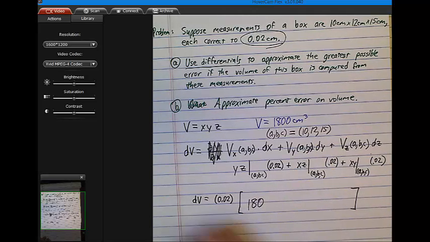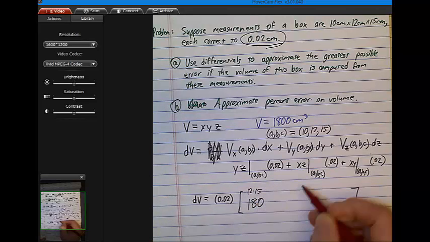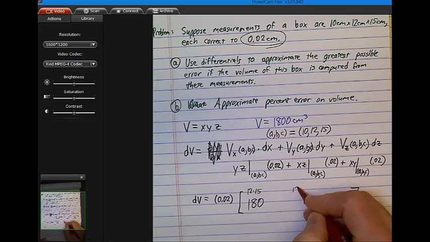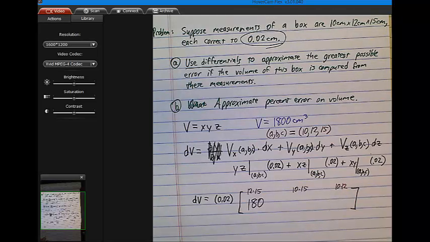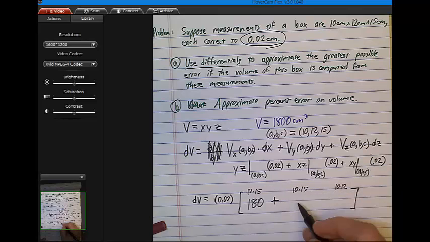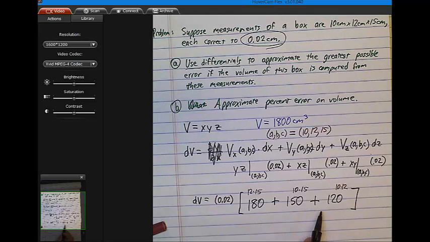So maybe I should show where that's coming from. That's the 12 times 15. We're going to do x times z, so 10 times 15, and we're also going to do x times y, which is the 10 times 12. So we get 0.02 times 180 plus 150 plus 120. So let's see, 330, 450.